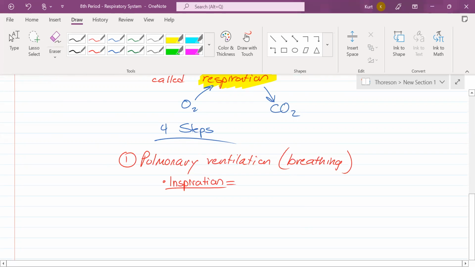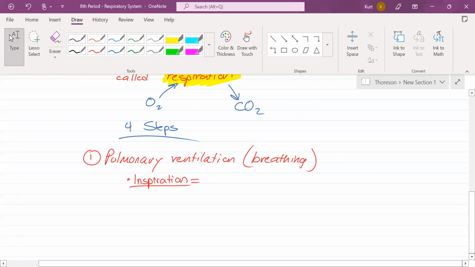Inspiration means you're inhaling. When you inhale air, where is the air coming from? What do you call that around you? All of this. Bigger. Atmosphere. It's coming from the atmosphere, and where is the air going?